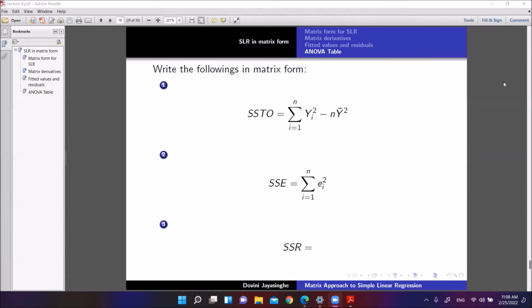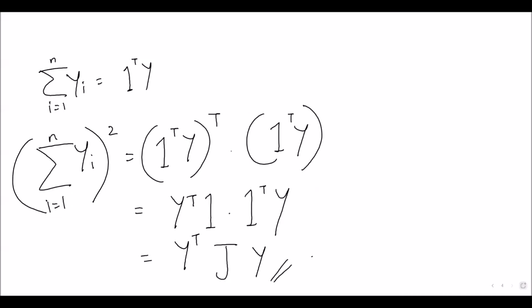Others, if you have not come up with the answers, can look at the board, and I'll give you time to do SSE as well, because once I do this for y'all, y'all should be able to do it for SSE, right? So this is how you form SSTO in matrix notation. And thank you to the person who answered it, and thanks to everyone who tried it at least.